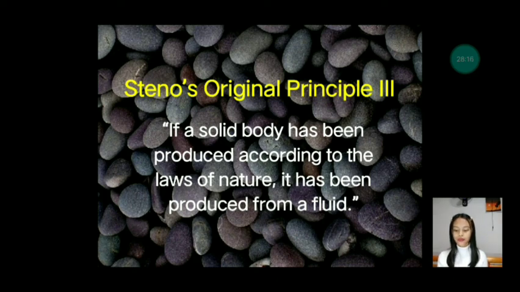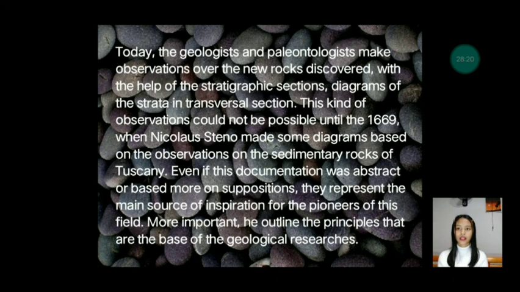Today, geologists and paleontologists make observations of newly discovered rock with the help of stratigraphic sections, diagrams of the strata in transversal section. This kind of observation was not possible until 1669, when Nicholas Steno made some diagrams based on his observations of the sedimentary rocks of Tuscany.